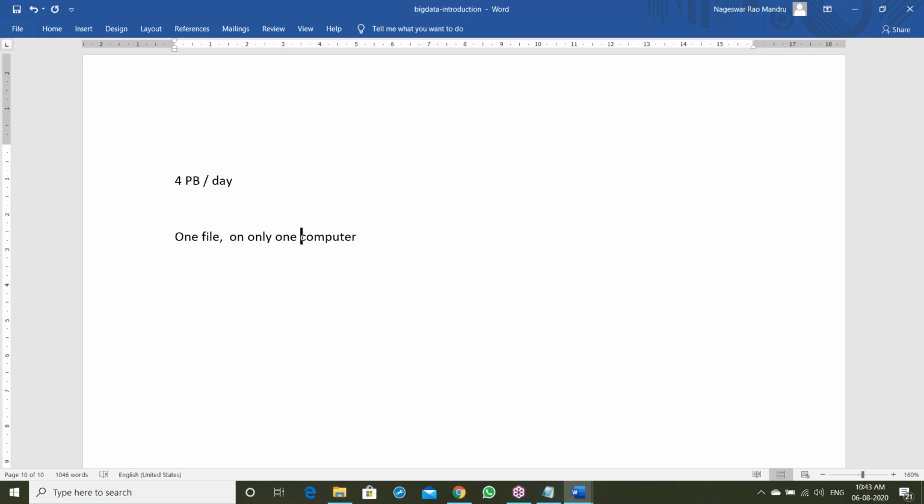When it comes to Hadoop, the file is divided into multiple parts and distributed across multiple nodes. In Hadoop, a file is stored on multiple nodes, multiple computers, by file splitting. Suppose, for example, a 100 GB data file is generated.